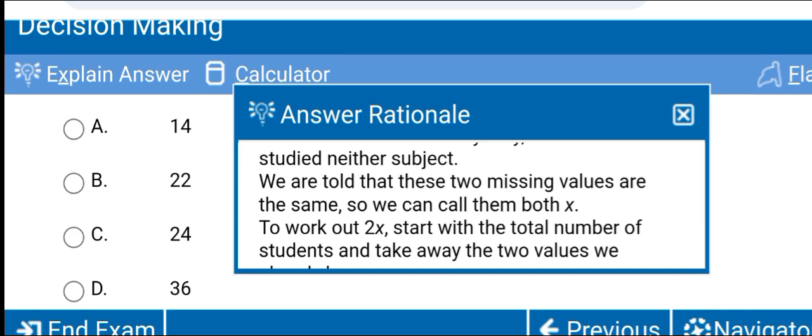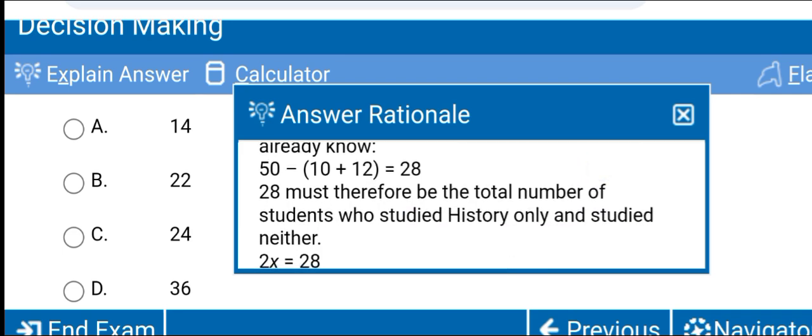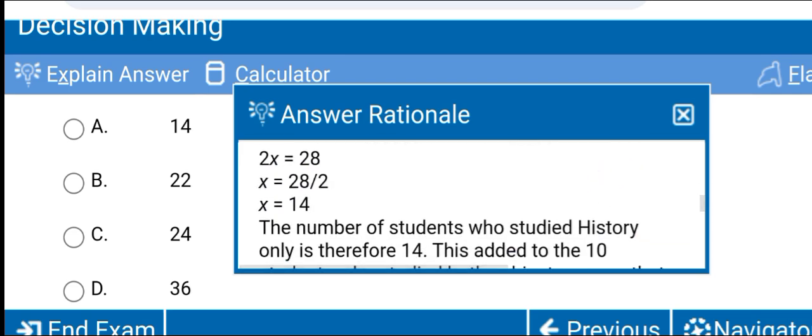To work out 2x, start with the total number of students and take away the two values we already know. So 50 minus 10 plus 12 equals 28. 28 must therefore be the total number of students who studied history only and studied neither. 2x equals 28 and x equals 28 divided by 2, so the value of x is 14.